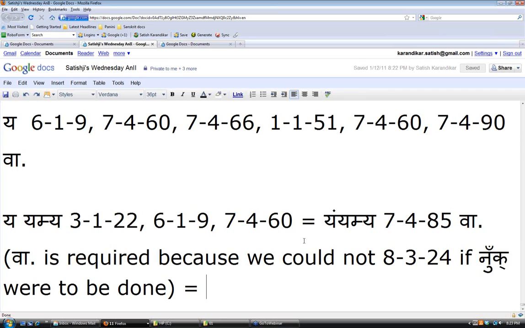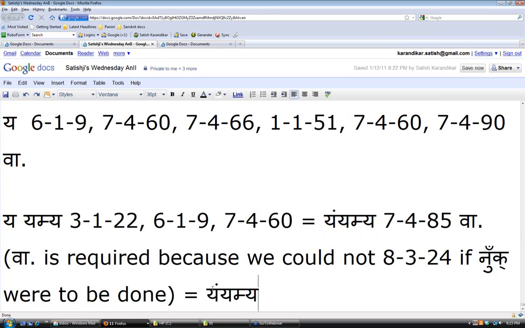Unfortunately, in the computer I cannot type the yam in there, but I'll try. Okay. We want two forms. We want yam yate and yam ya. We also want this form yam yate. I want to put the yam yate now because I have to use that sutram anuswarasya parasavarnaha vapadantasya.